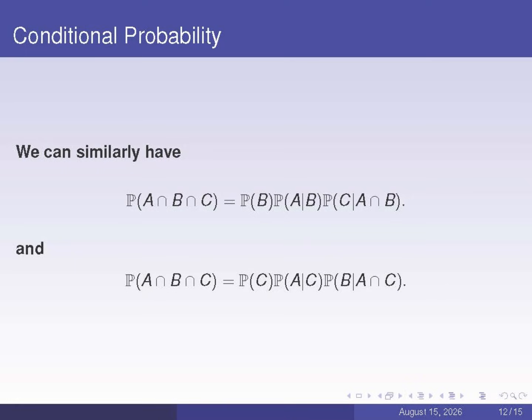Similarly, the final line illustrates that the probability of events A, B, and C occurring simultaneously equals the probability of event C occurring first, multiplied by the conditional probability of event A occurring given C, and then multiplied by the conditional probability of event B occurring given that both A and C have occurred. Several other variations can be obtained in the same manner.